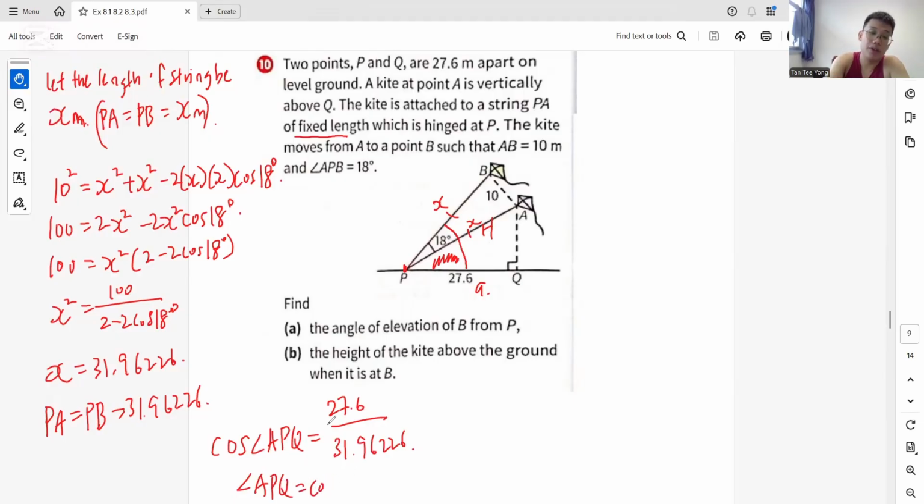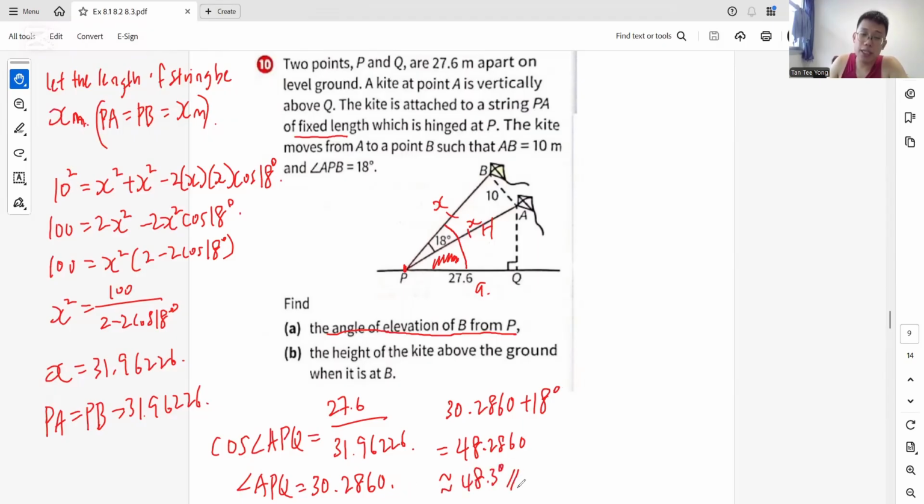Okay, let me just straight away find the answer. Cosine inverse of this fraction, and then we will be getting 30.2860. All right, so the angle of elevation of B from P will be 30.2860 plus 18 degrees. So this will be 48.2860, rounded off to 48.3 degrees, 1 decimal place.